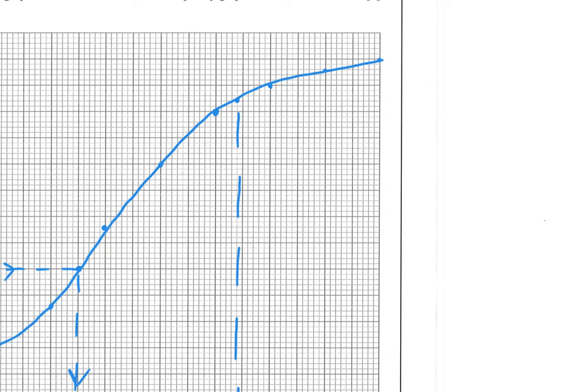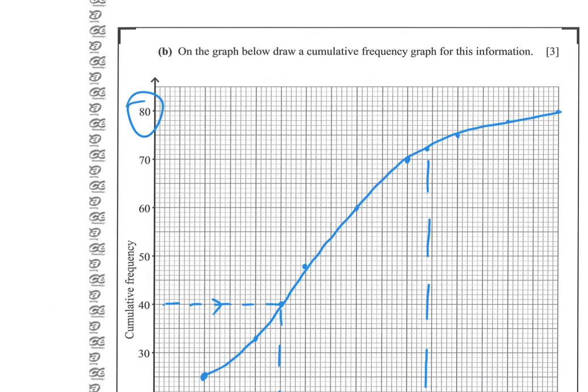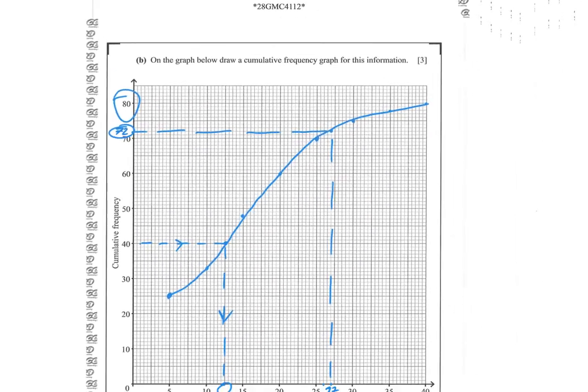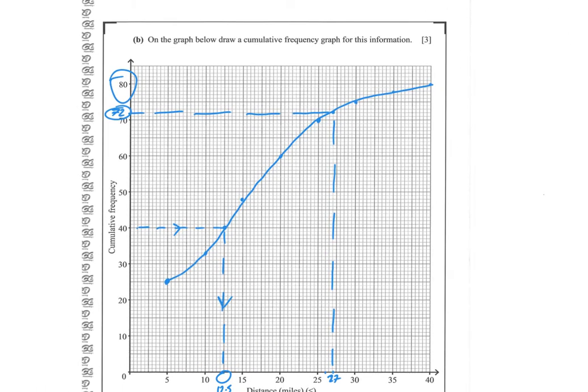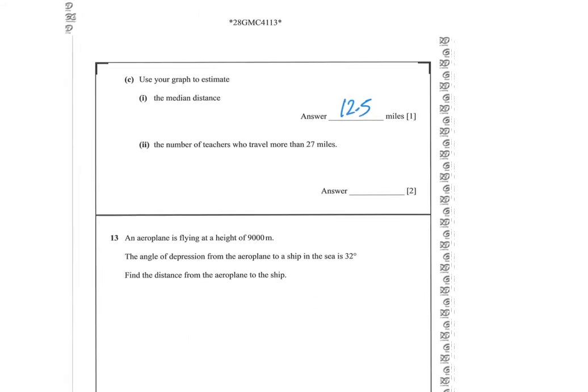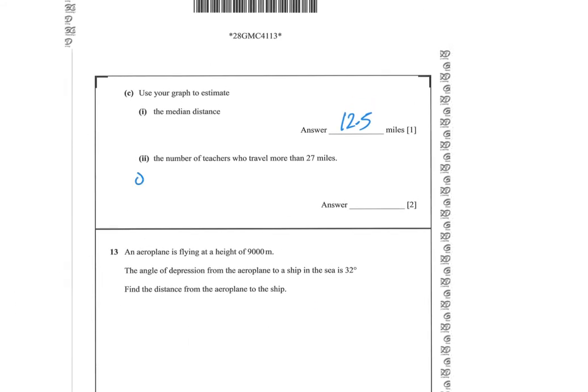I think my graph here is a little bit off, so I'm going to go with what I got when I did this out using my ruler, not on the screen. When I came across here, I got 72. So that's 72 people have gone less than that distance. That means this wee distance here would be how many have gone more. So I just say there was 80 in total. 80 minus the 72 just gives you 8. So there's 8 people who've gone more than that distance.